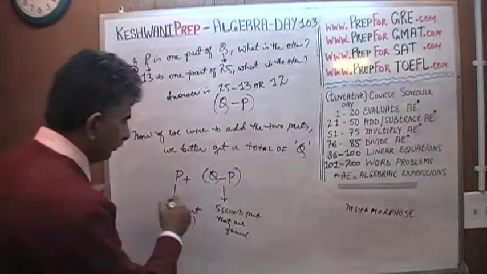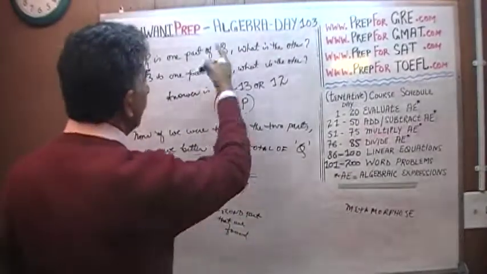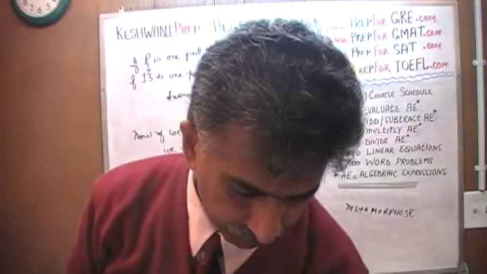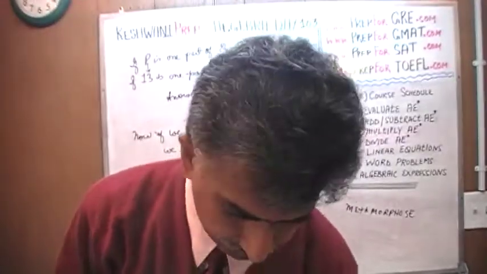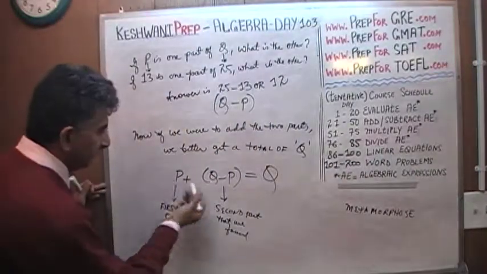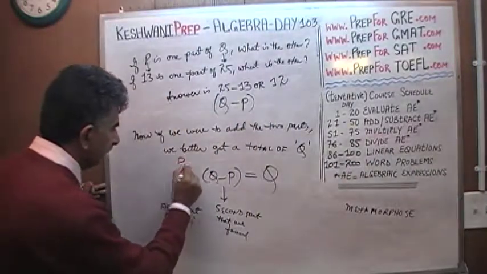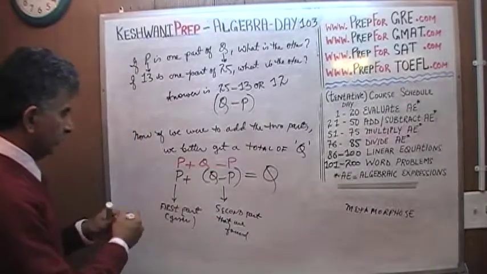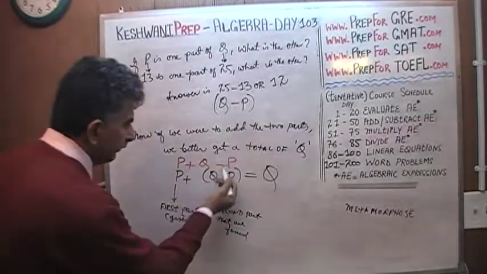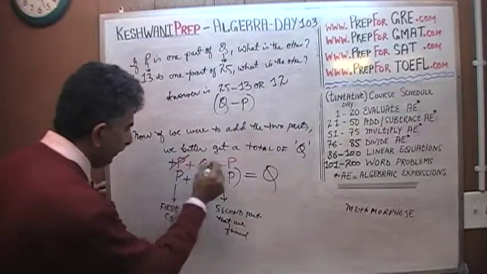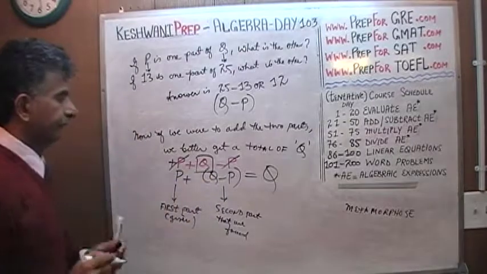If we were to add up these two parts, we better get the total of the quantity Q. Do we get the total of Q? Of course we do, because if you were to open the parenthesis, we get P plus Q minus P. Here's your positive P, here's your negative P, and here's your positive Q. A positive P and a negative P cancel each other out, and we get our Q.